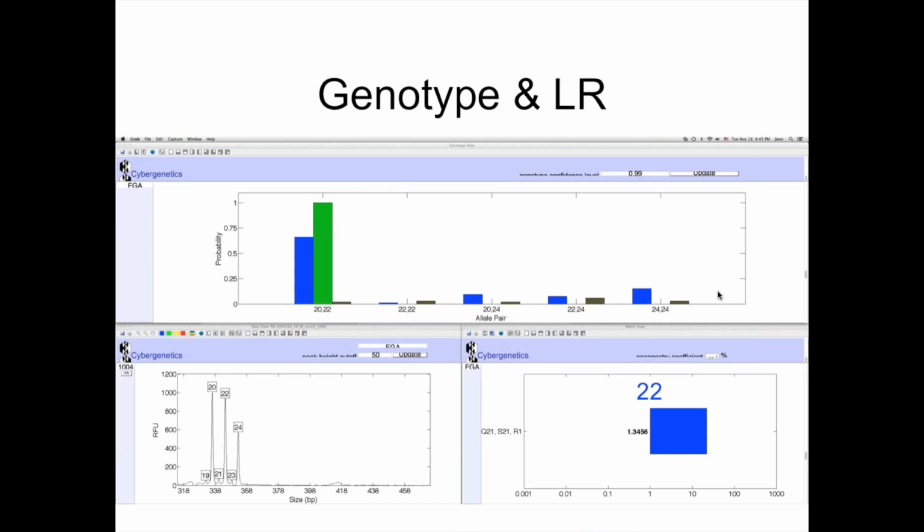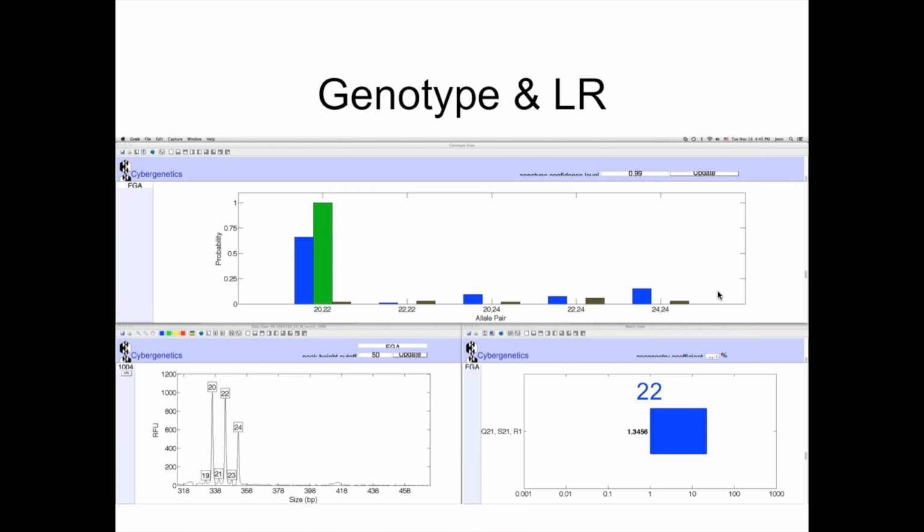In blue, the blue bars are showing most of the probability inferred when the computer separated out the mixture data without knowing who any of the contributors were. The computer placed about 60% of its probability on 20-22 as an allele pair at the FGA locus, with other events still being possible as shown by other blue bars.